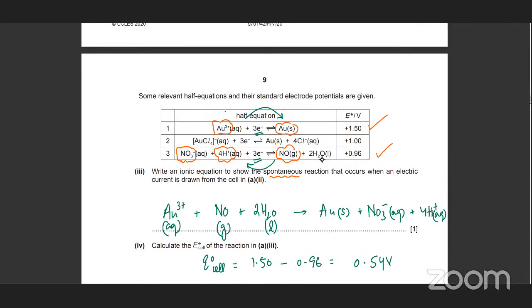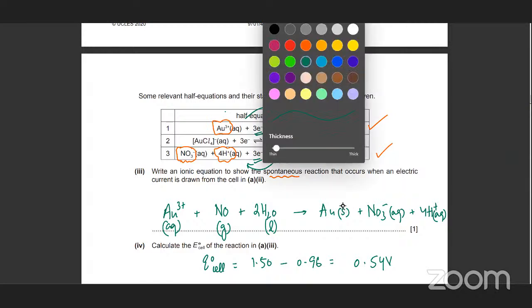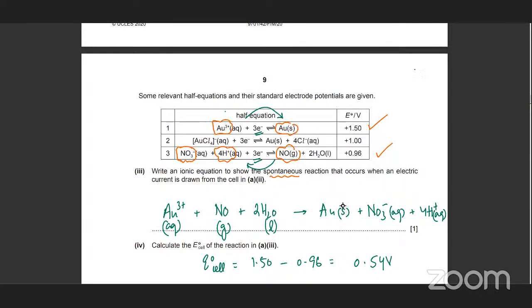Now you can clearly see over here, first thing, this is a spontaneous reaction happening. In the spontaneous reaction, note one thing: gold is not dissolving, gold is actually forming. It's not happening the other way around, that gold is turning into aqueous ions.